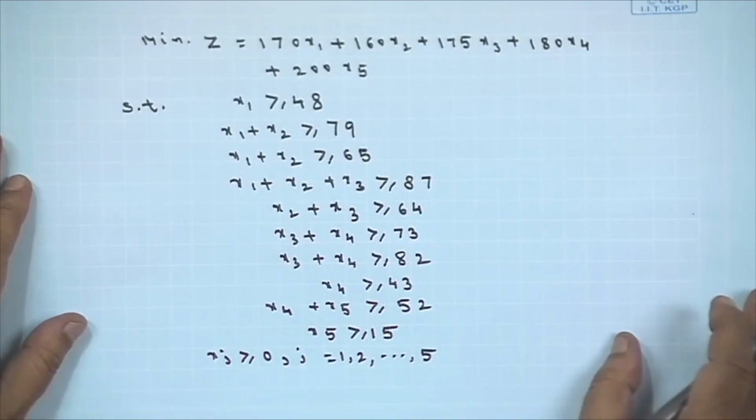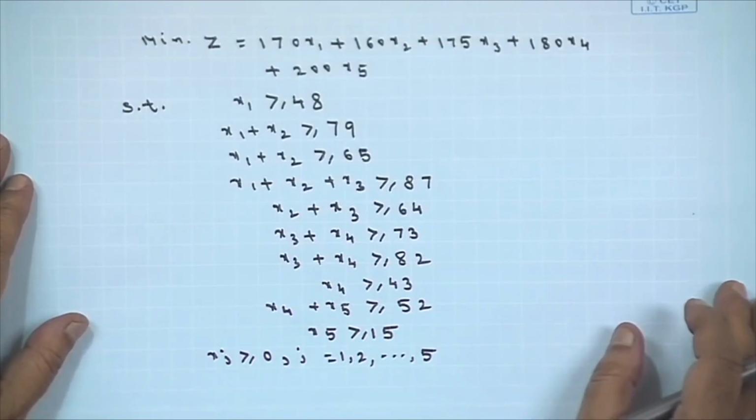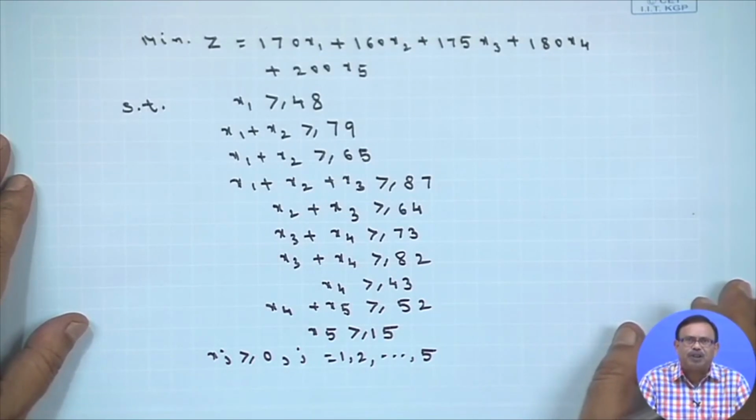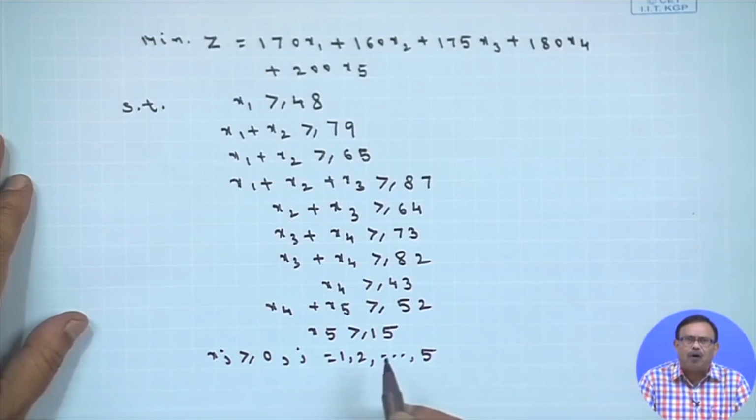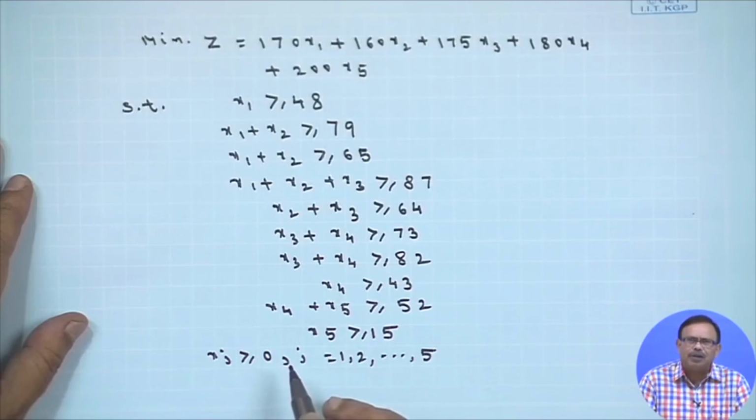Now I think it is quite clear to you that whenever a problem is specified, how to formulate the LPP: I have to check whether it is a minimization problem or maximization problem, subject to what constraints, and also what is the nature of the decision variables, that is whether the decision variables are greater than or equal to 0 or unrestricted in sign. So, in the next class I think we will start how to find the solution graphically of an LPP.